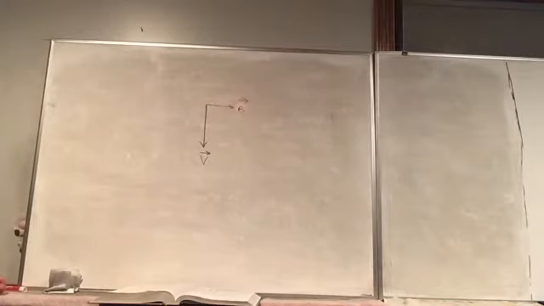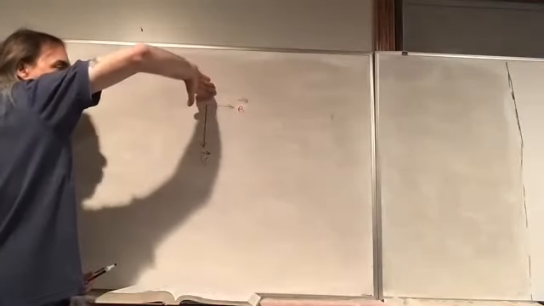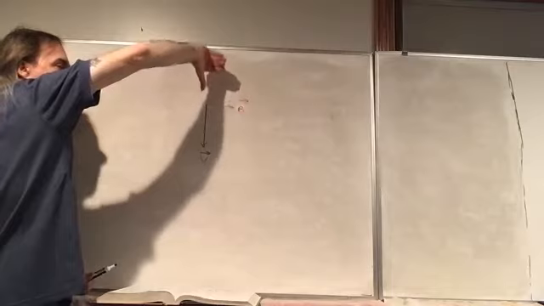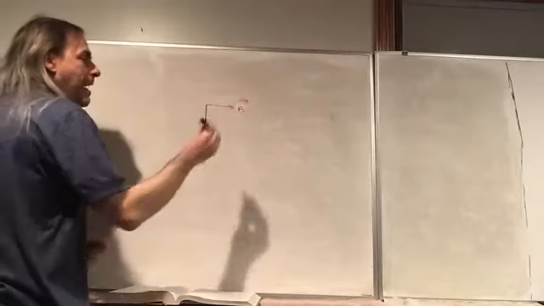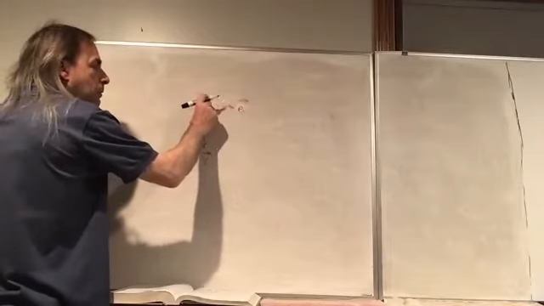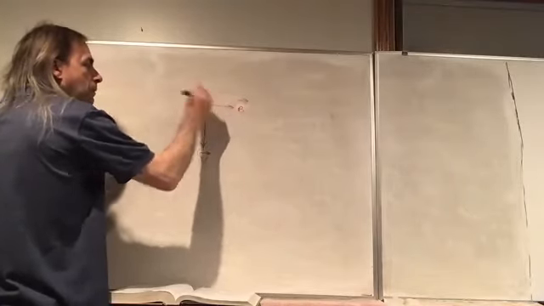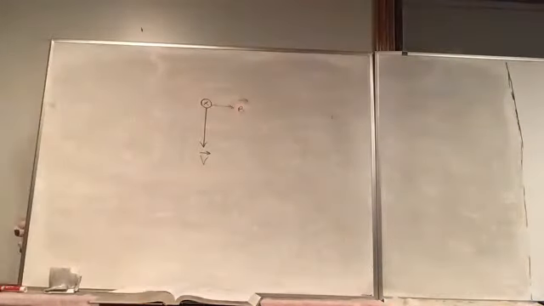And so use the right-hand rule to figure out which one. In this case, it would have to be into the board. So fingers into the board, curl in the direction of the magnetic field, thumb points down. So the electric field would be into the board.